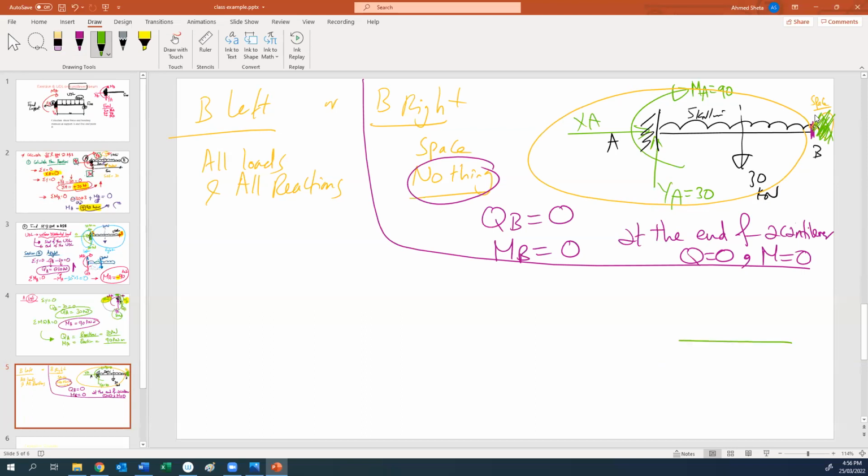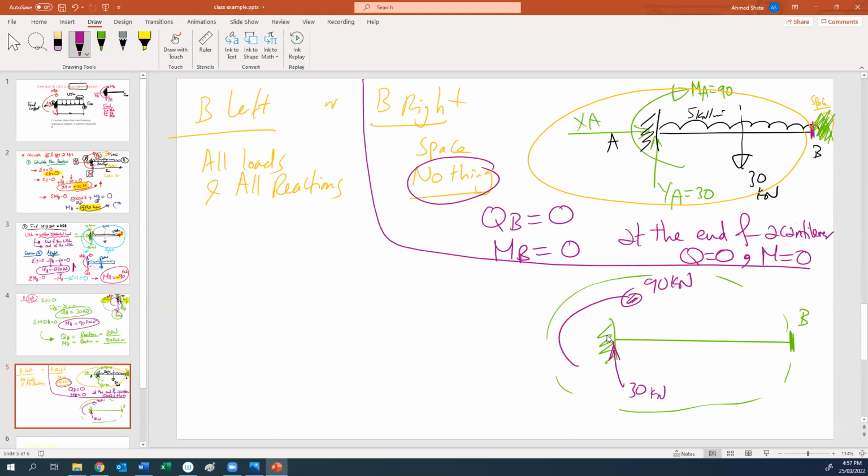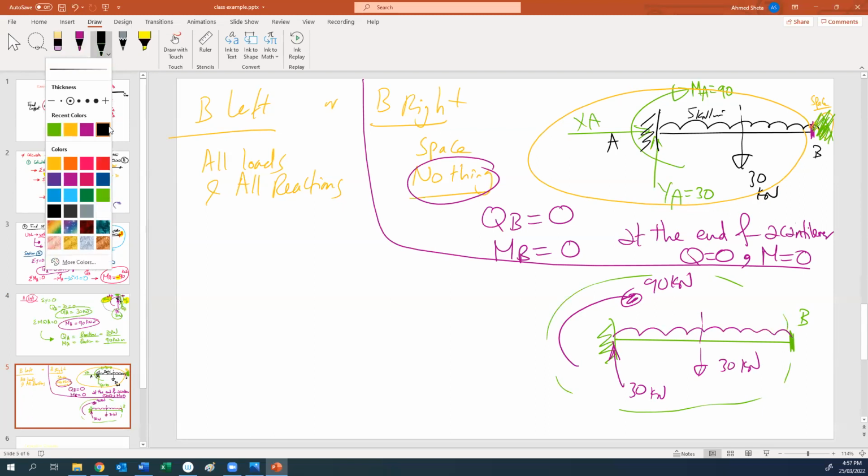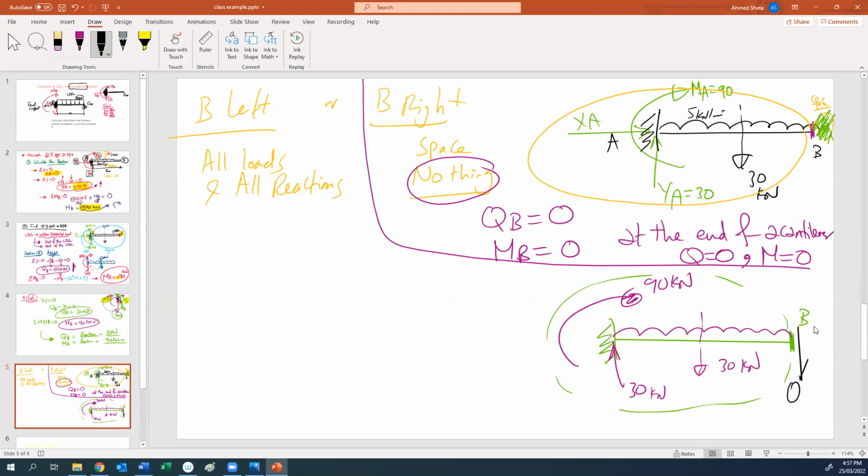From the left, you will take all the beam with you, because this is our section B, and this is all the left part. If you study from left, you have here 30 kilonewton, and you have 90 kilonewton meter, and you have 30 kilonewton somewhere here because of the uniform load. So when you cut at B, there will be QB and MB. How can we find QB and MB?